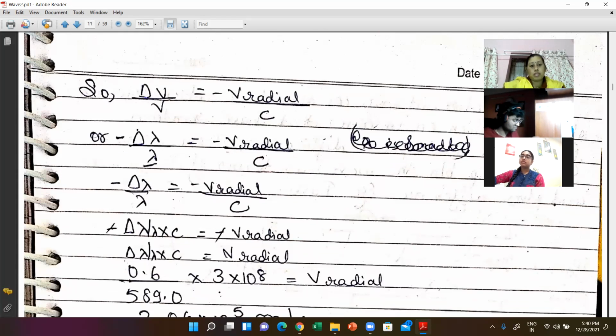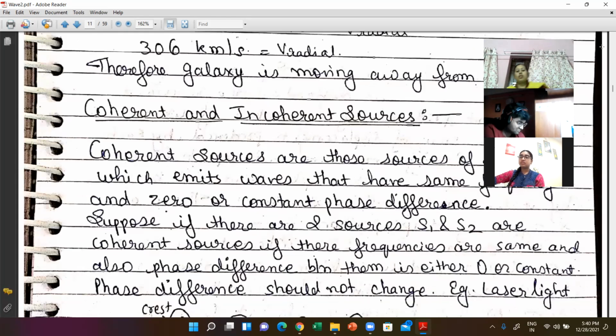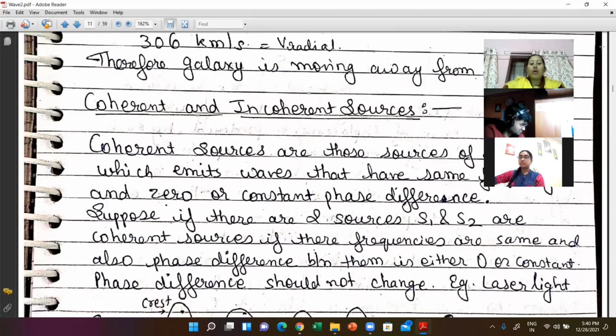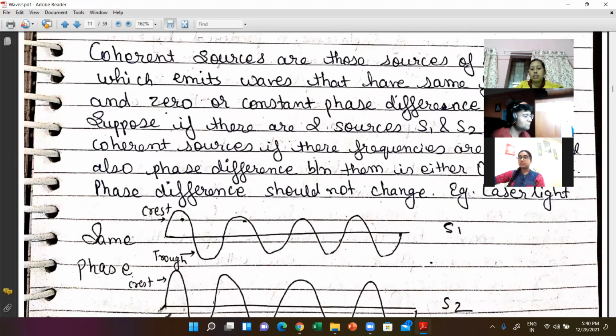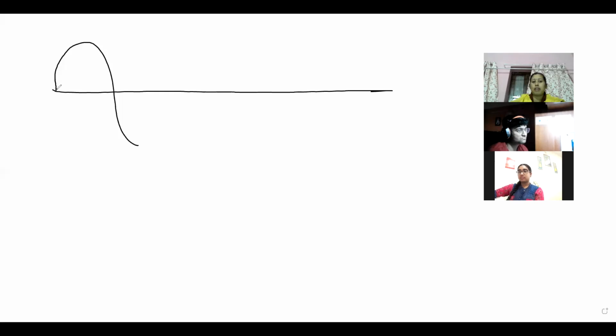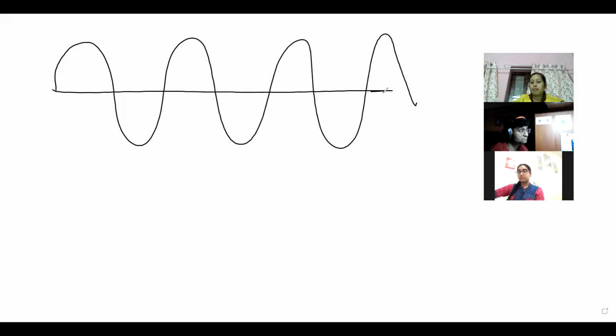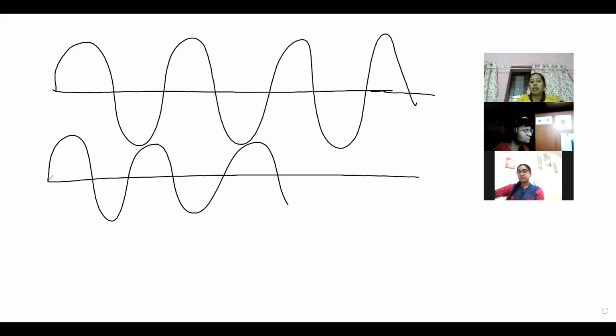Coherent and incoherent sources. See, coherent and incoherent sources means what? Coherent sources is, suppose, the way that I taught you, that my oscillation is in the same phase, just like, have you seen the laser beams of light?